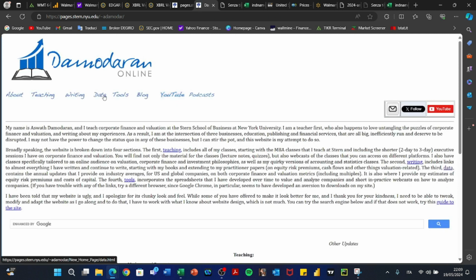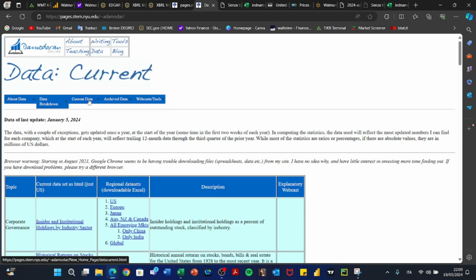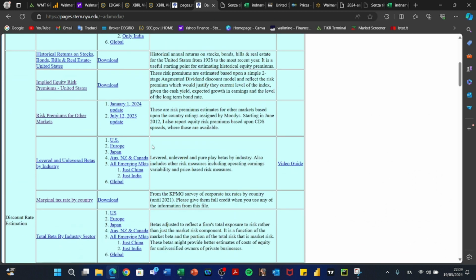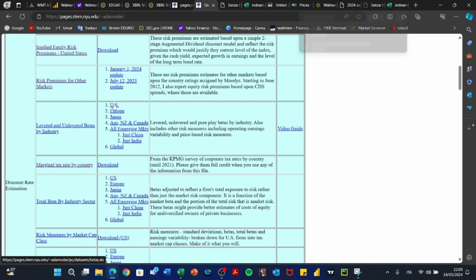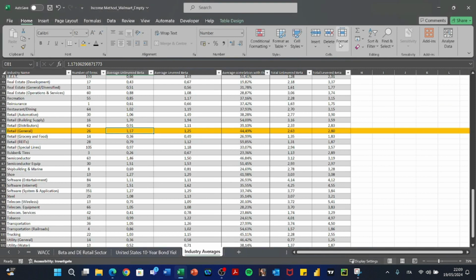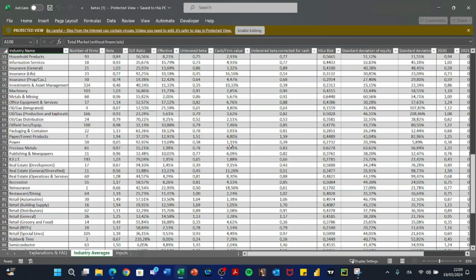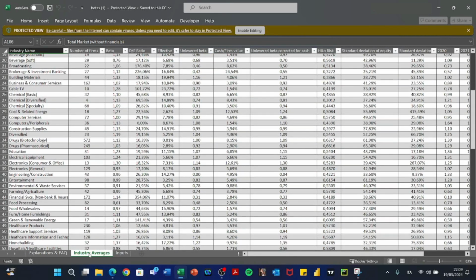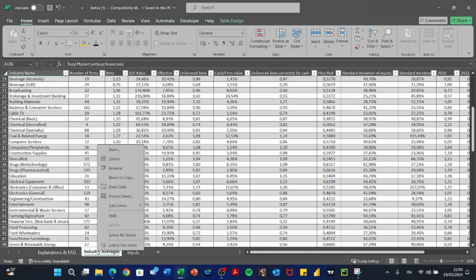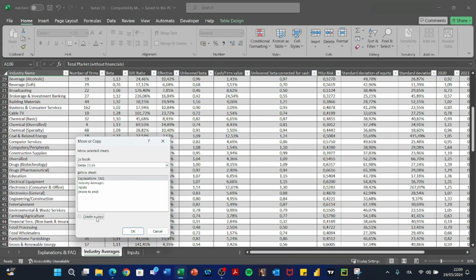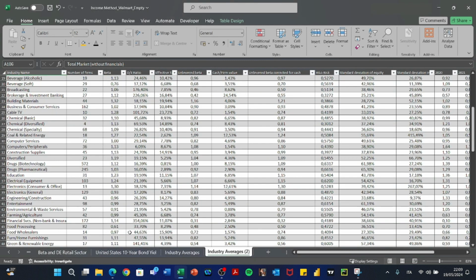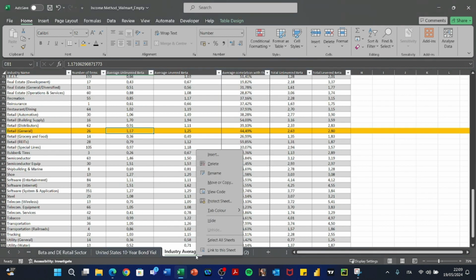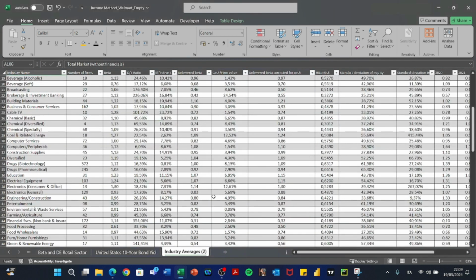So the home page, data, current data, levered and unlevered beta. Isn't this the... okay? This is the file I was looking for. Okay. Create a copy. Let's move it to the end. Okay.